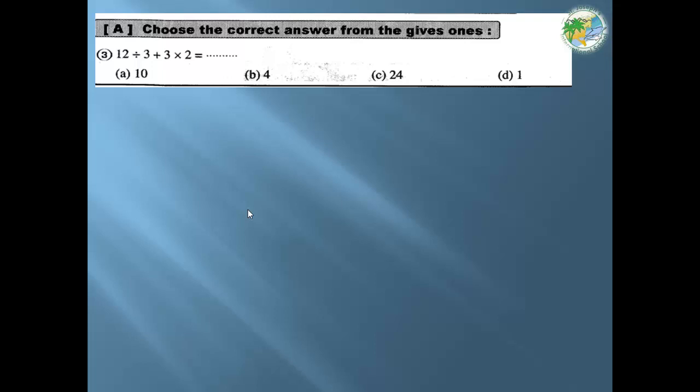I will give you just 30 seconds to find the correct answer. We have divide and multiplications. Divide and multiplication. Then what's the order? This is the order to answer this numerical expression: multiplication or division, addition or subtraction.